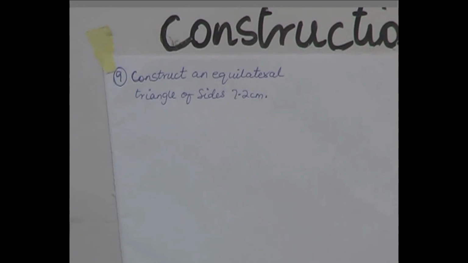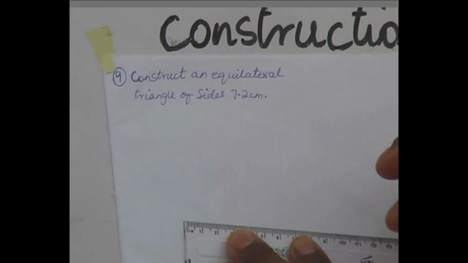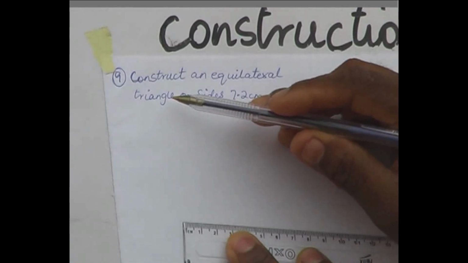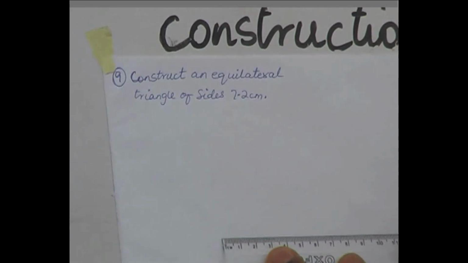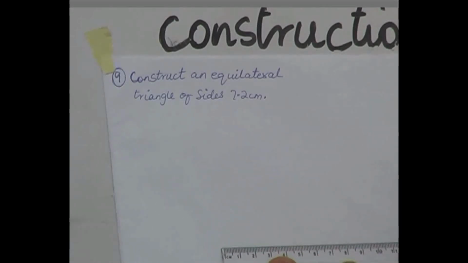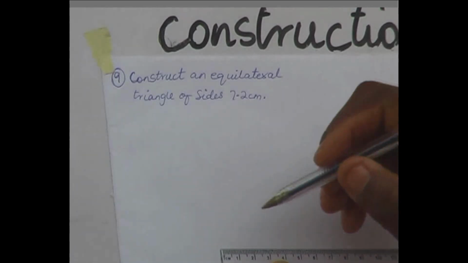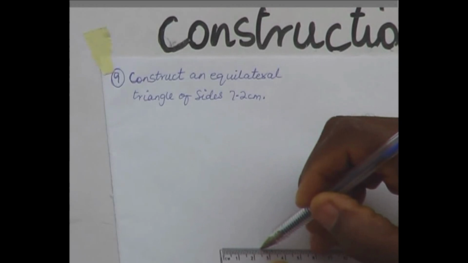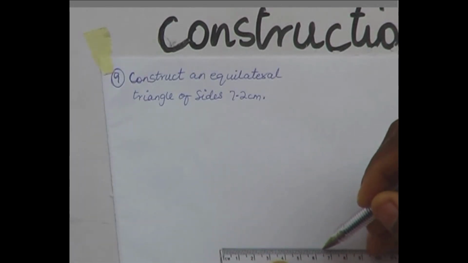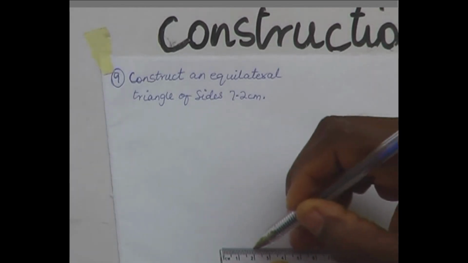So the first thing you do is, since it said that the equilateral triangle will have sides 7.2 centimeters, draw a horizontal line that measures 7.2 centimeters. Start from the beginning of the calibration of centimeters and draw and stop at 7, 7.1, 7.2 exactly. Stop there.